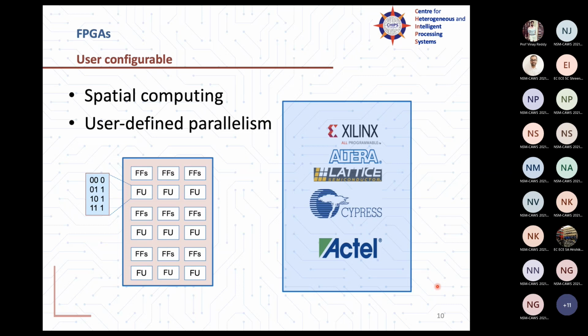So it's a completely programmable device where you define the functionality, the arrangement of compute and memory, how many compute units you need, the type of memory you need, and the connectivity between compute and memory, all user driven, which leads to user defined parallelism.